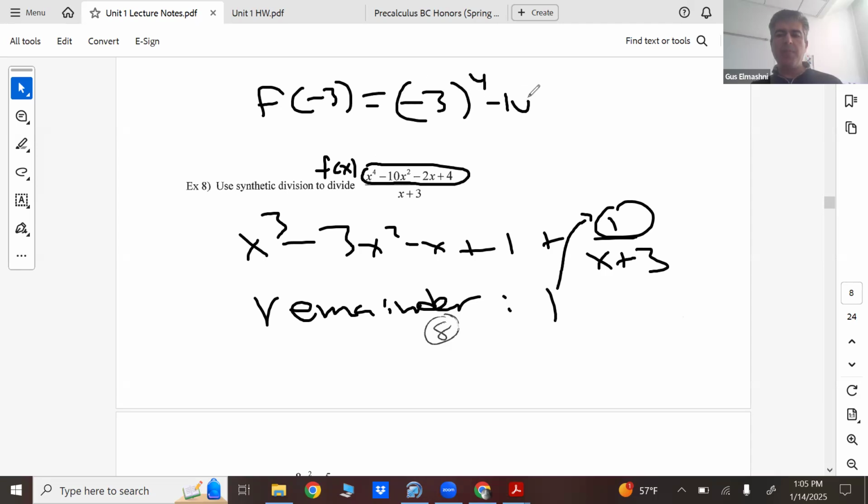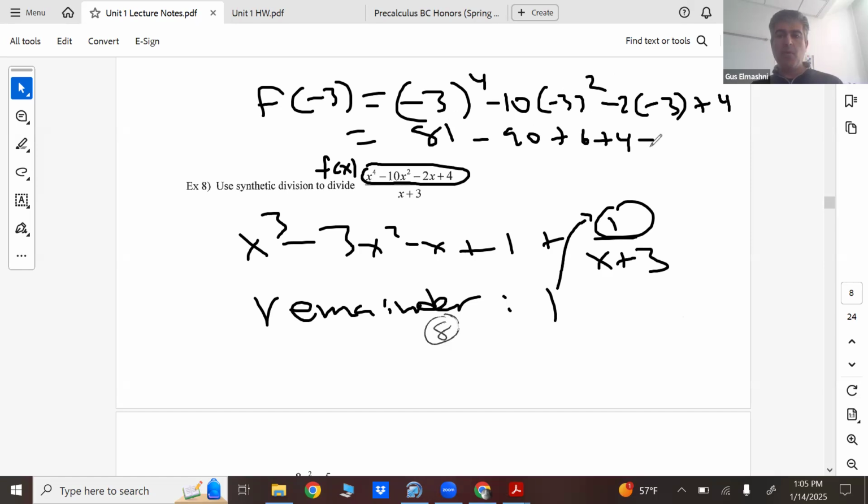If I were to work this out, you get 81 minus 90 plus 6 plus 4. What does it all come to if you combine all that? 1. That's the same thing as the remainder. That's not a coincidence.